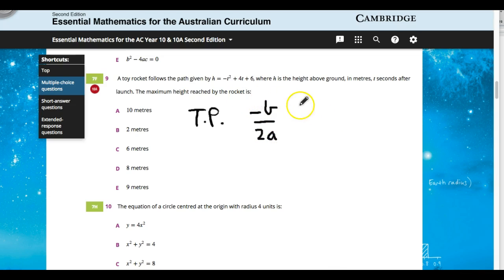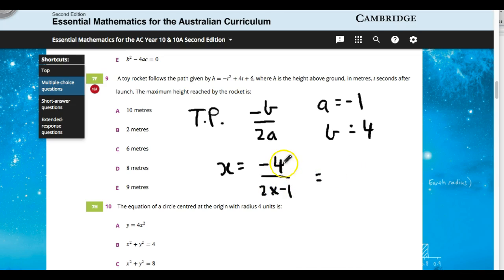So all we need to do is identify a, which is -1, and b, which is 4. So your x-coordinate of the turning point is going to be negative b, which is -4, over 2 times -1. So then we have 2 negatives, which cancel out, and then 4 over 2, which is 2.